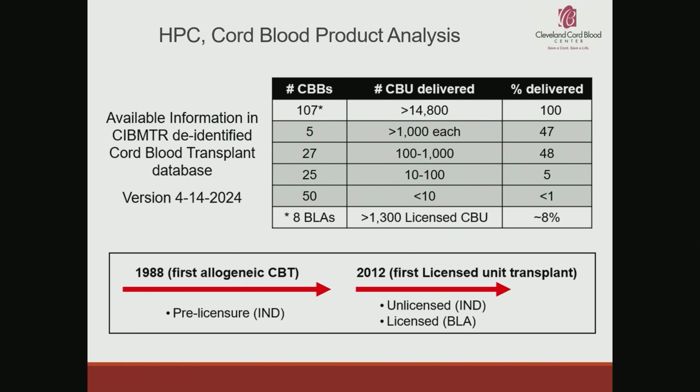The analysis is broken out into transplants performed between 1988, with the first cord transplant, and 2012, when the first licensed product was infused. There are 3 classes: pre-licensure IND units, and then after 2012, unlicensed and licensed or BLA products.